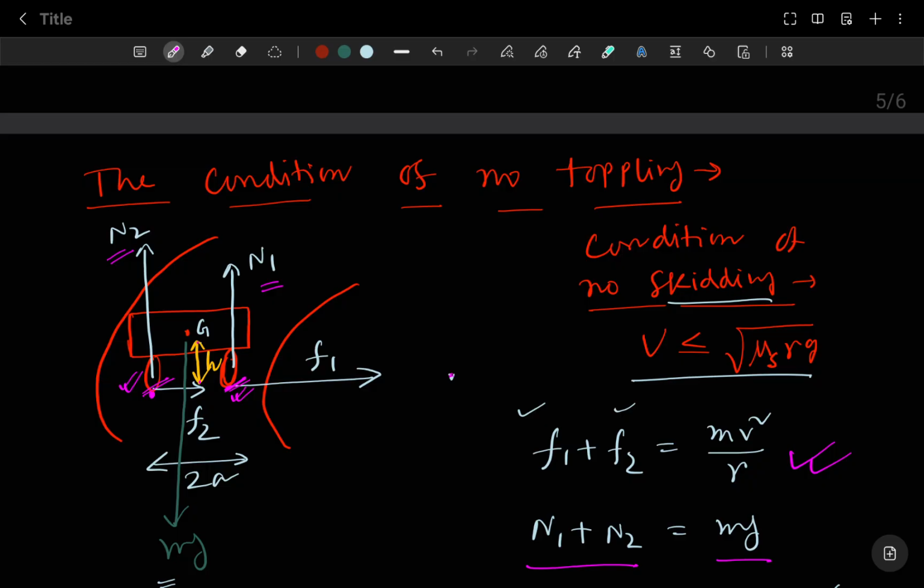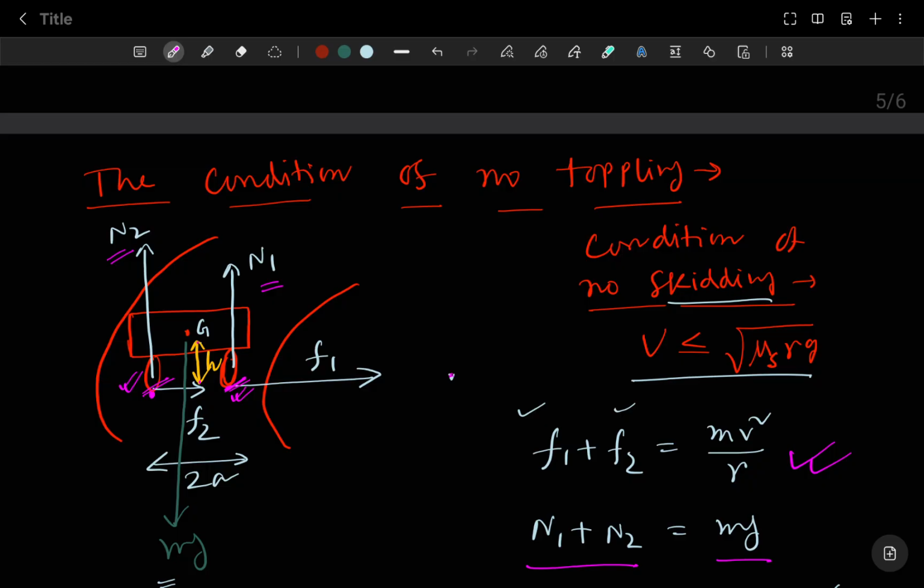You will see this in the design of the racing car. The racing cars are very short in height, they are stubby, and the base is very wide, the distance between the wheels is large. Only for this reason, because they have very high velocity, so while making a circular turn they should not topple. That's why the racing cars are designed like this.